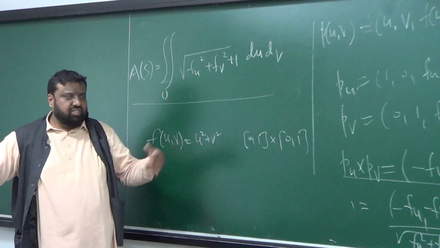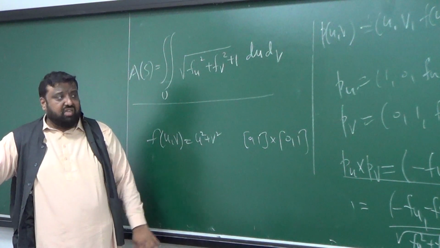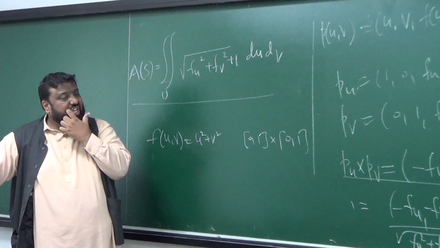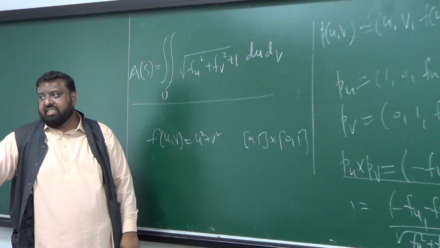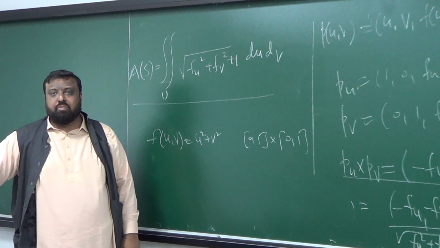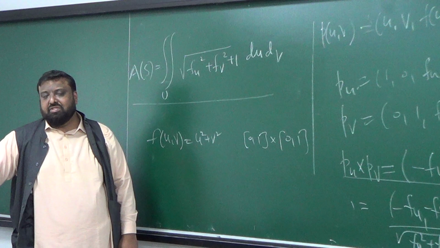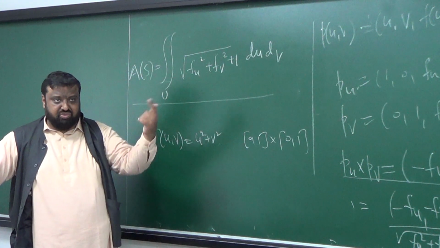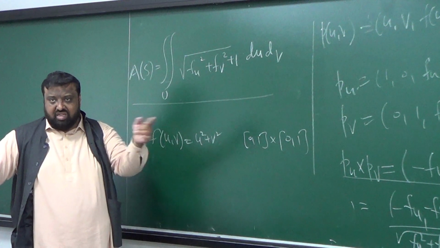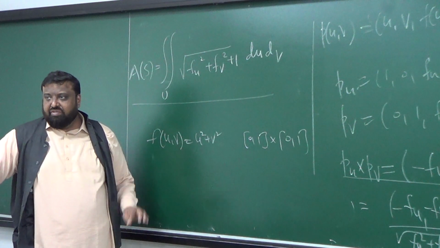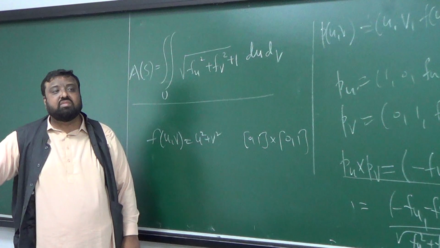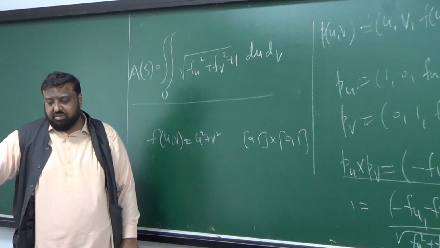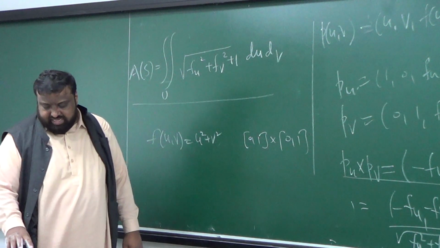You are precisely doing the same here. If you want to find the surface area of a surface, you chop your surface into small rectangles, and the way to do that is Pu cross Pv, which gives you the area of each small chopped part, and then you integrate them all, and that's going to give you the surface area. So it's very natural.